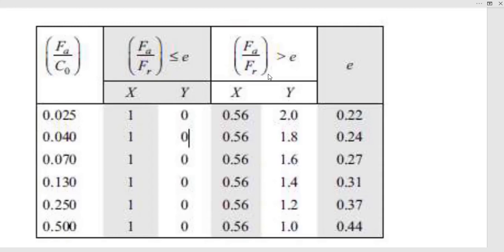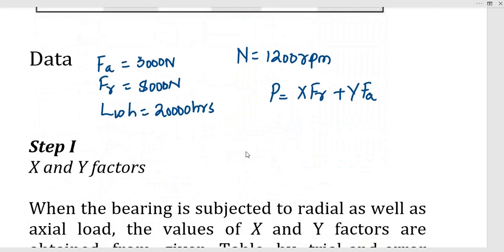So if FA divided by FR is greater than E, then the value of Y will vary, whereas the value of X is a constant. Now, what is provided is FA and FR.